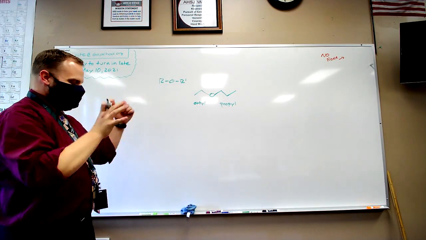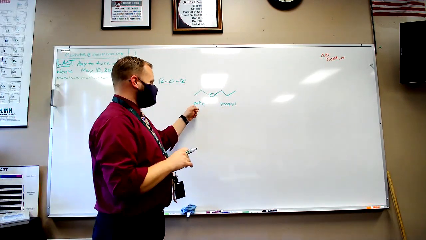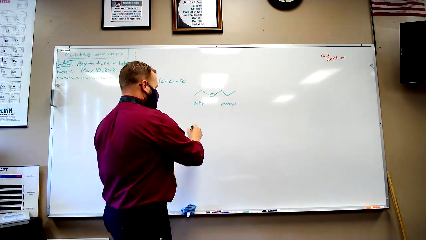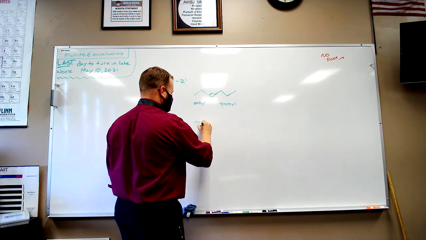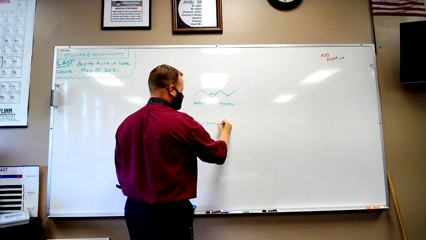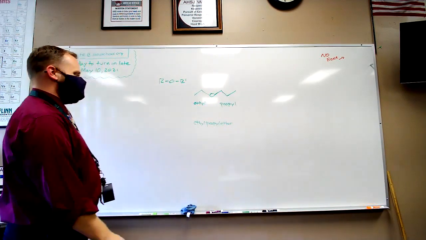So we have our 2 carbon chains. And once again, it's alphabetical. So we're going to pick ethyl first. So this becomes ethyl, propyl, ether. That's all it is. Ethyl, propyl, ether.